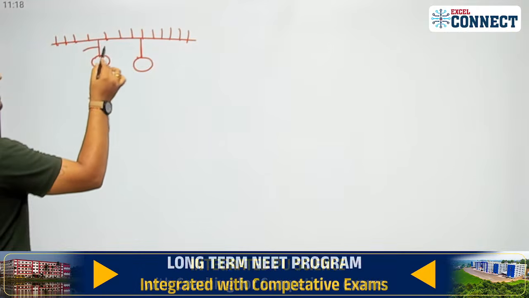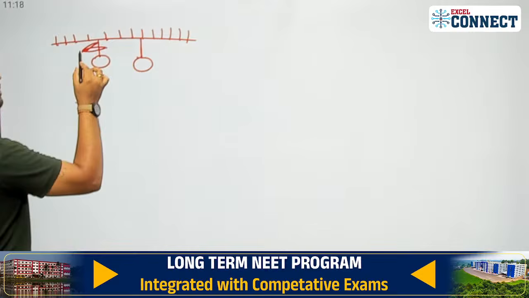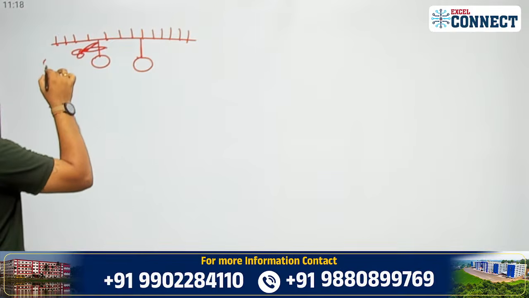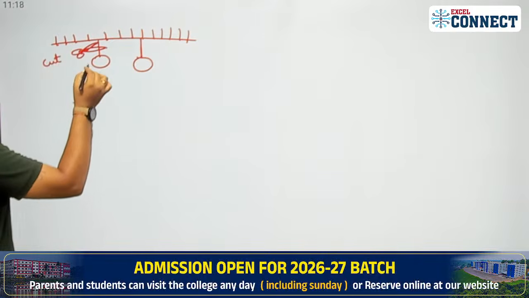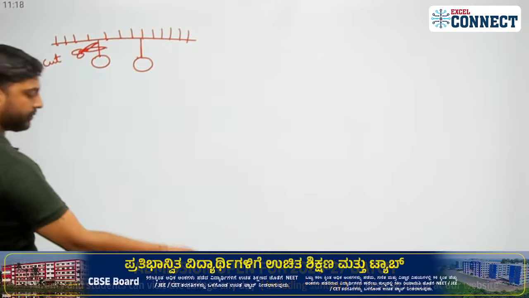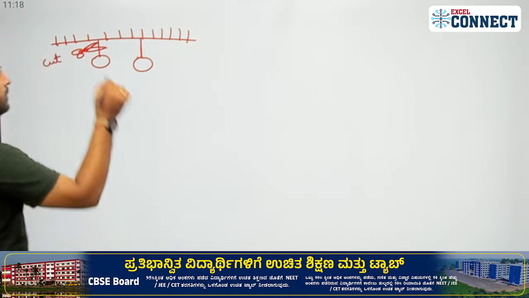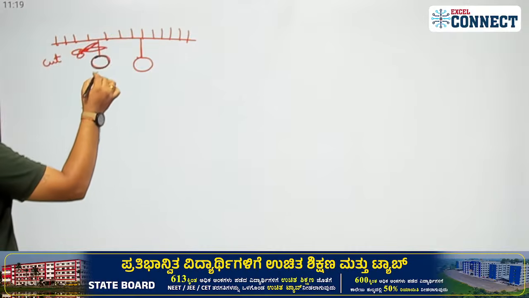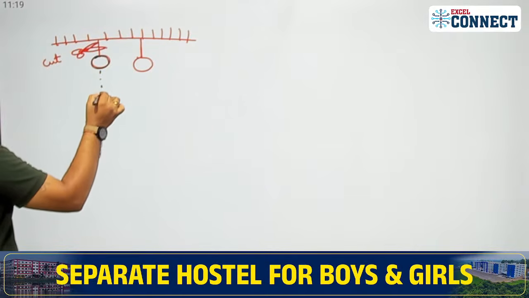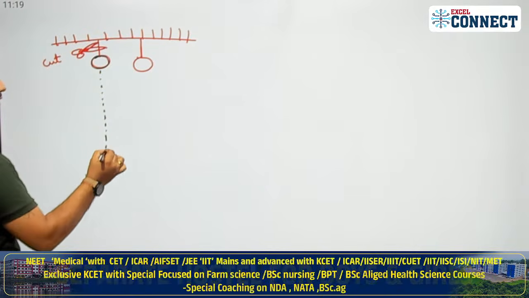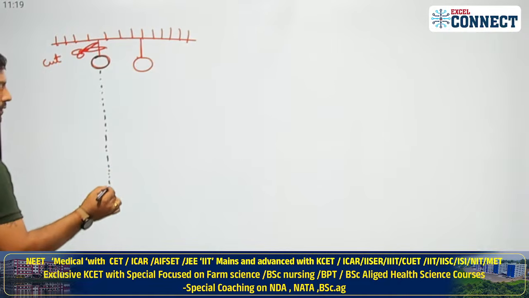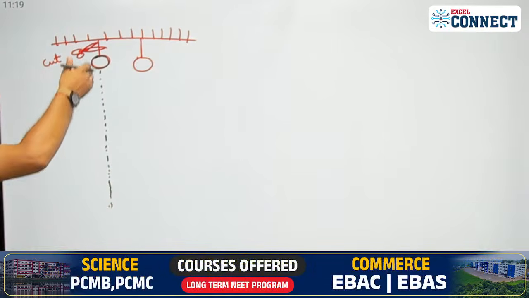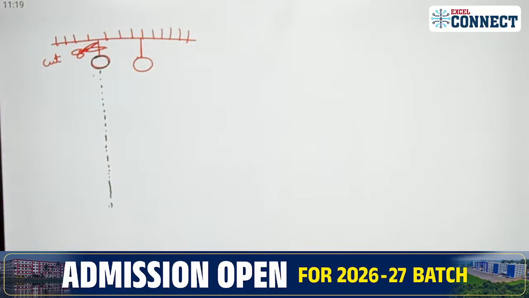First, I will cut this rope. When you cut this rope, the object will be under free fall, right? The object will be under free fall.